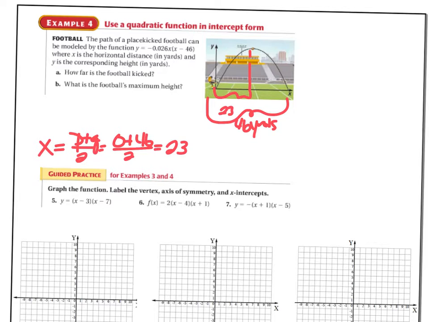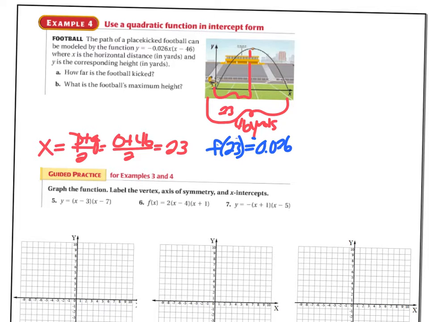And so what we're going to do is we're going to evaluate our equation when x is 23. Let me not write a y, I'm going to write f of 23. So let's look for y when x is 23 yards. And so we plug in our values.